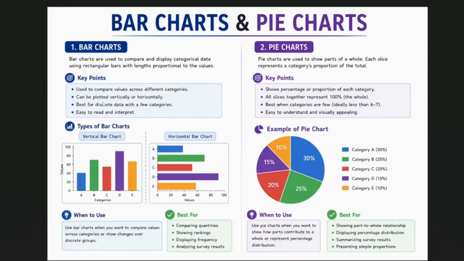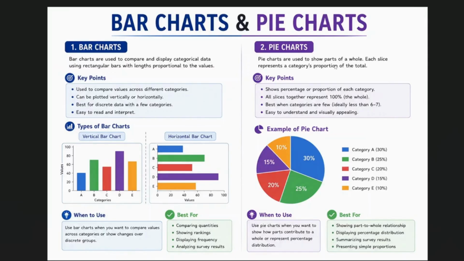Okay, so we will see how we can draw bar charts and pie charts practically, but first understand, basically take an idea about these charts. You guys already have studied these charts in your maths, but I'm giving you a quick recap. Second one is your pie chart.